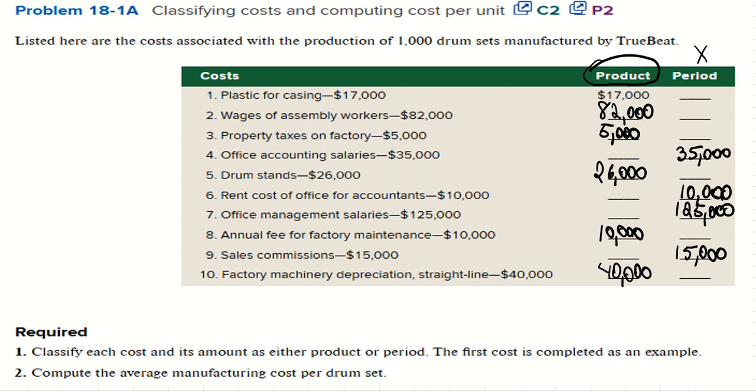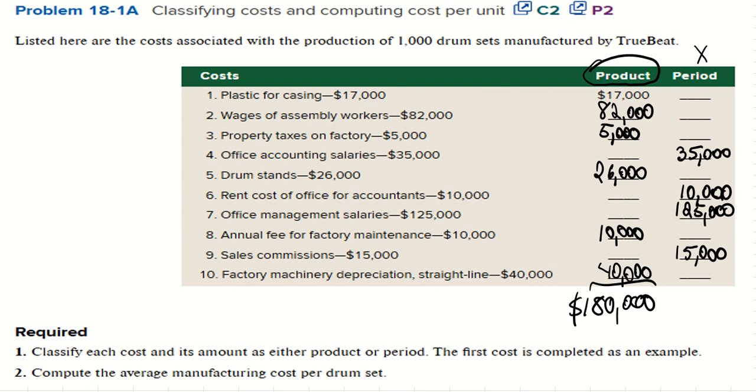So in order to get our average manufacturing cost per drum set, we're going to just go ahead and add up the product costs here for numbers 1 through 10, but there's some that are labeled as period costs. So we're going to take the 17,000 plus 82,000 plus 5 plus 26, 10, 40. That's going to give us $180,000.